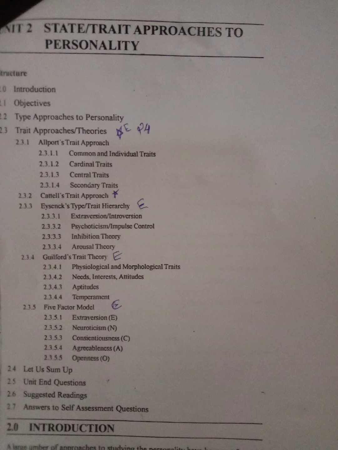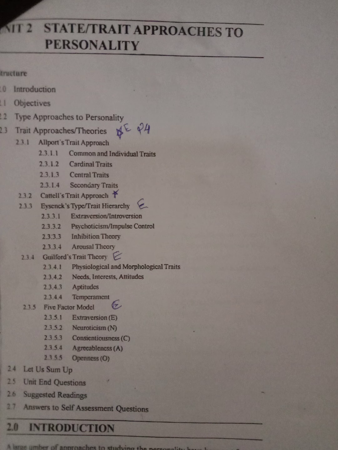There are five types of individual traits: openness, conscientiousness, extroversion, agreeableness and neuroticism, and we can say it is OCEAN. Openness means good natured, conscientiousness means responsible and reliable, extroversion means optimistic, agreeableness means trustworthy, neuroticism means moody.